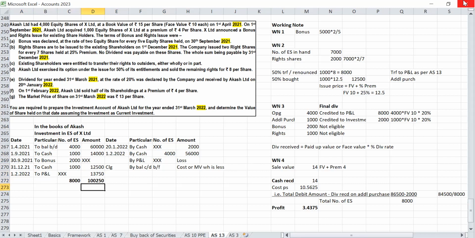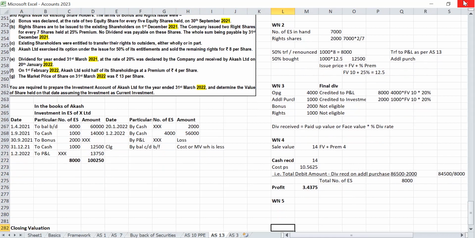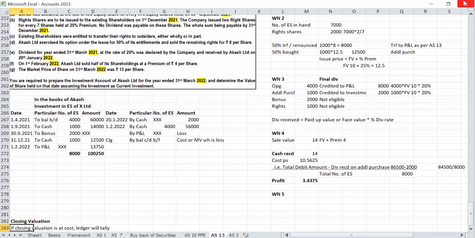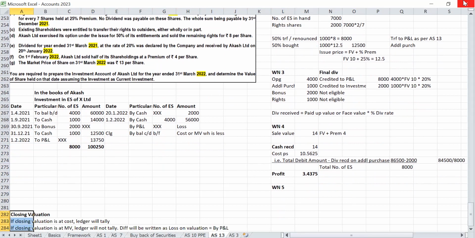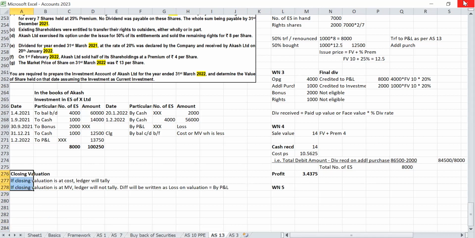Then last point, closing. The market price of shares on 31st March 2022 was 13 per share.